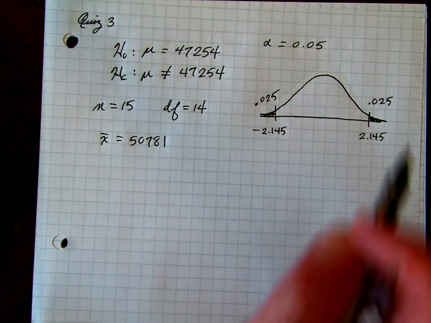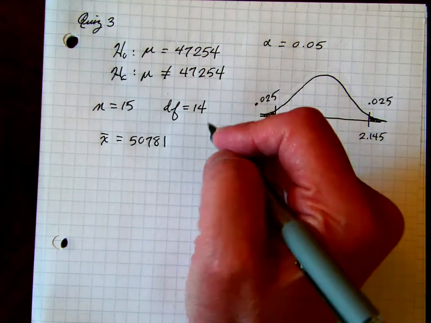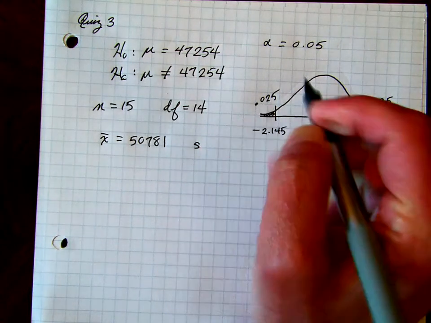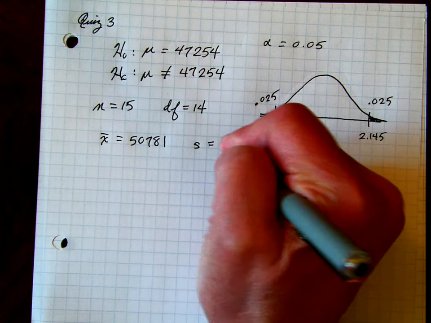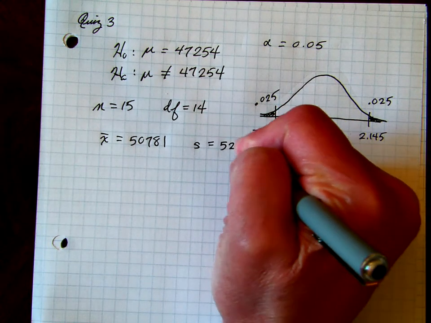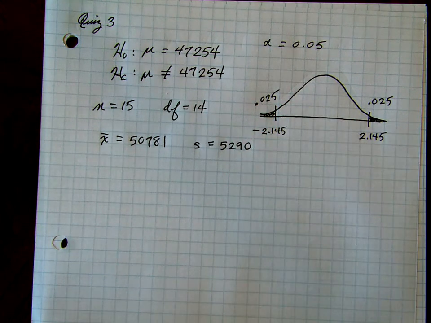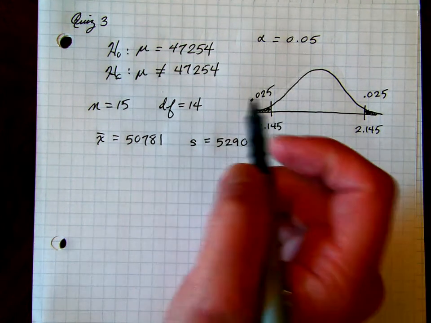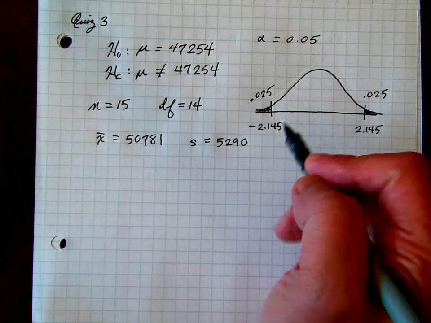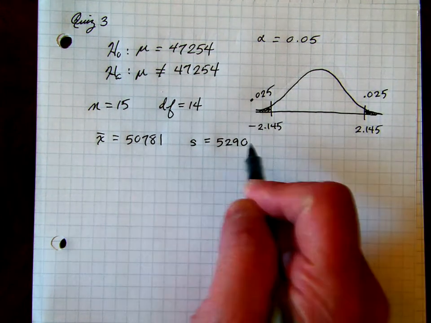We were not told that we had a normal distribution. We were told that we don't have sigma. We have to use S, and we were told that S is 5,290.